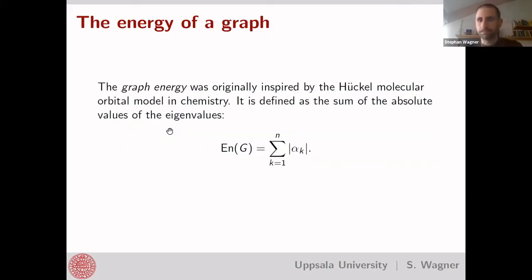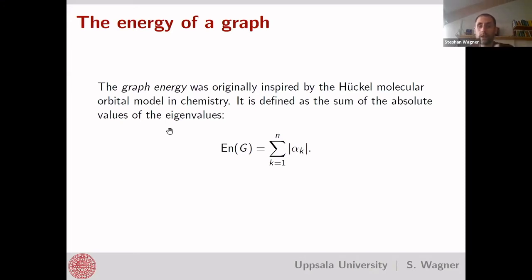Right. So I've told you a little bit now about properties of the spectrum, how one defines it, how one calculates it, how it relates to properties of the graph. Now, the second part, in some sense, of my presentation will be about 2 specific graph parameters that are defined in terms of the spectrum.